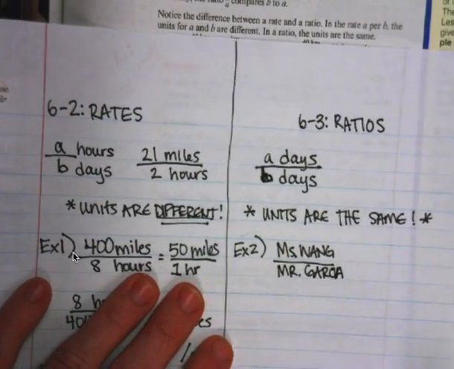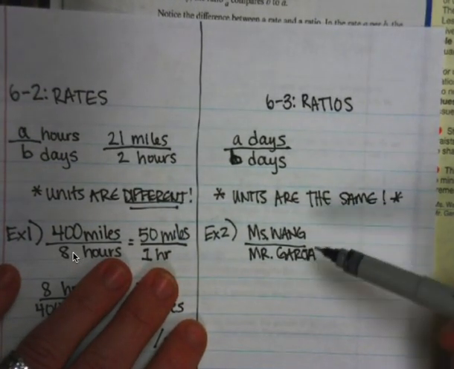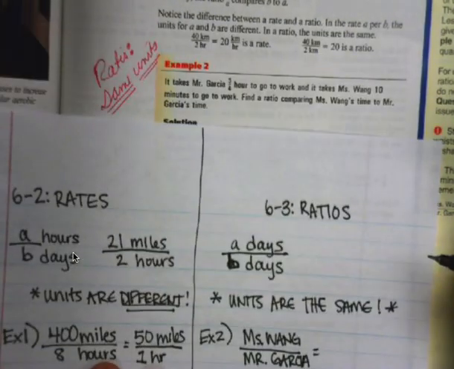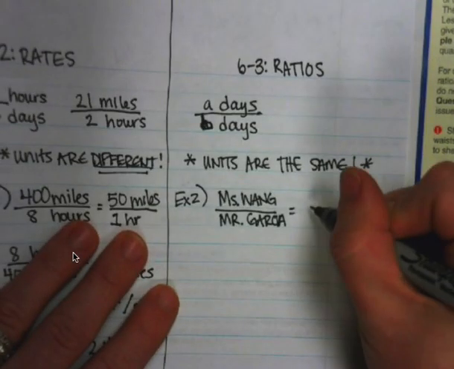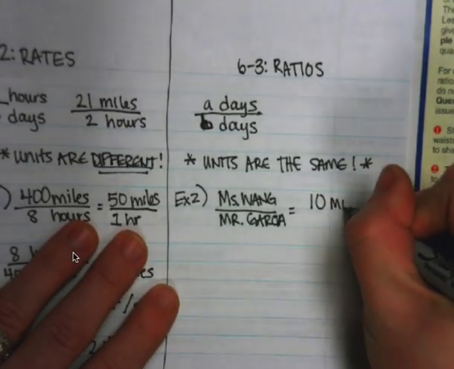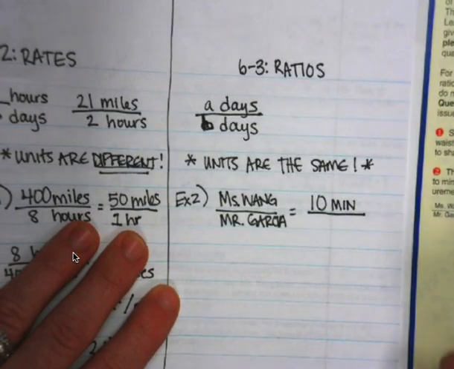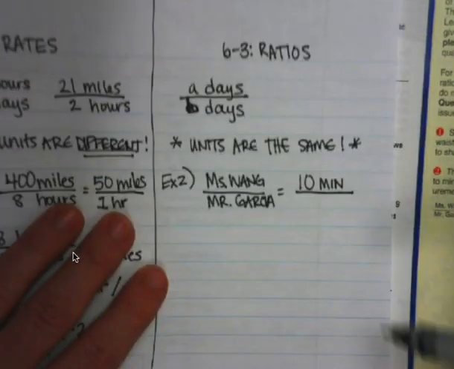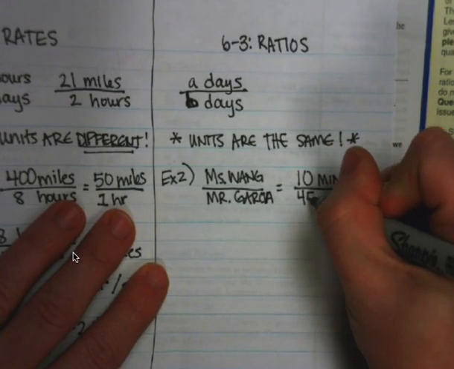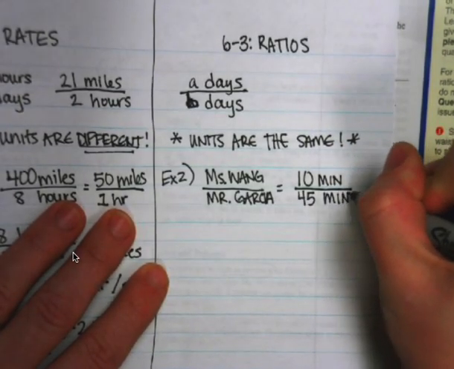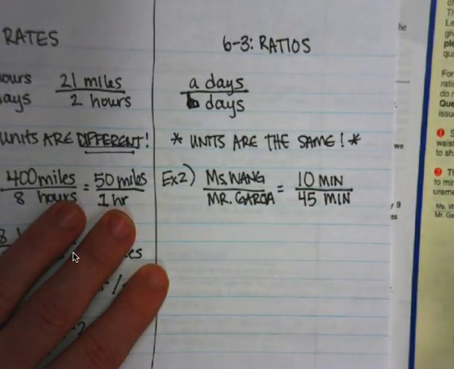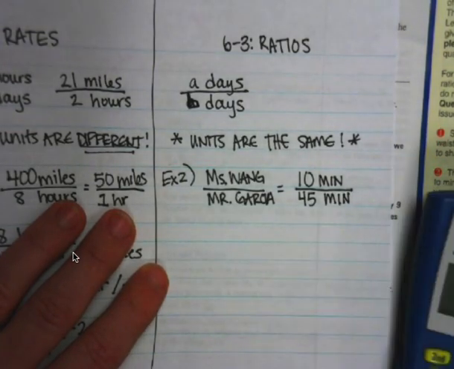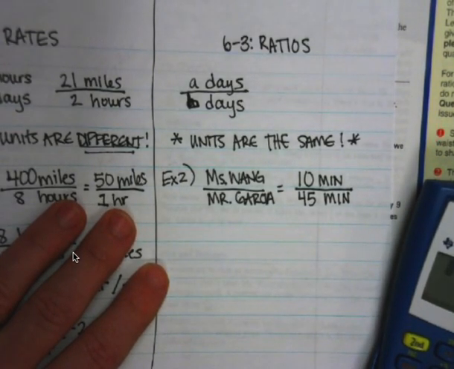Okay, so again, they gave me the direction. Miss Wong was 10 minutes. And Mr. Garcia was 3/4 of an hour, which we know is 45 minutes. Let's divide that down so it's something we can actually understand.